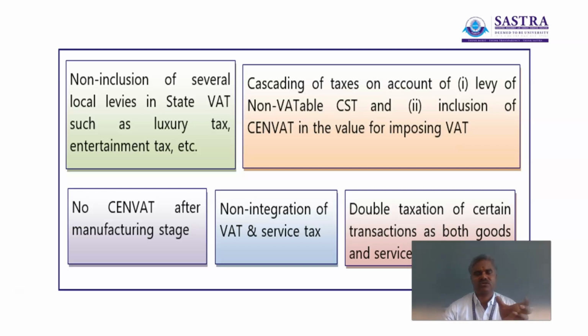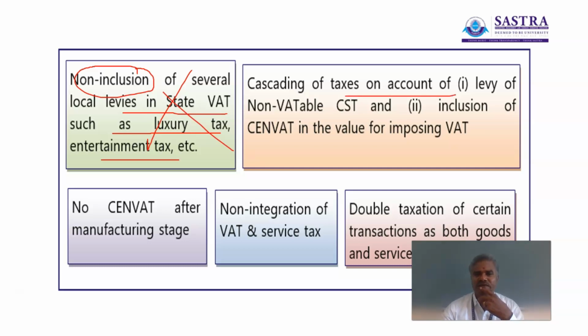You see this chart I have given in detail. Non-inclusion of several local levies in state VAT such as luxury tax, entertainment tax. Now everything is taken away. Cascading, tax on tax. Levy on non-vatable excise and inclusion of SENVAT in the value for imposing VAT. Nothing, everything is demolished.